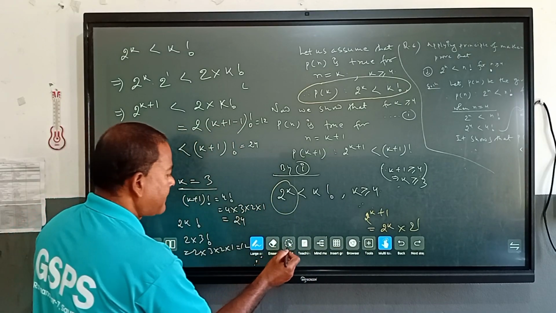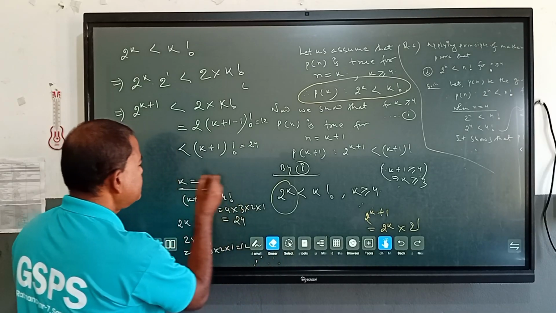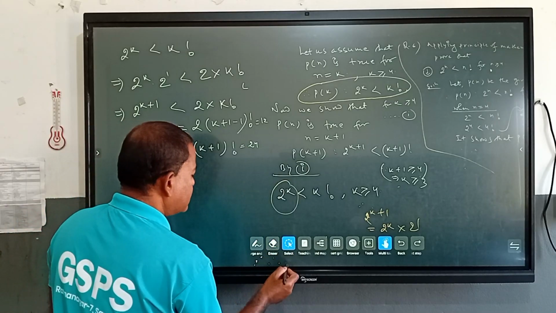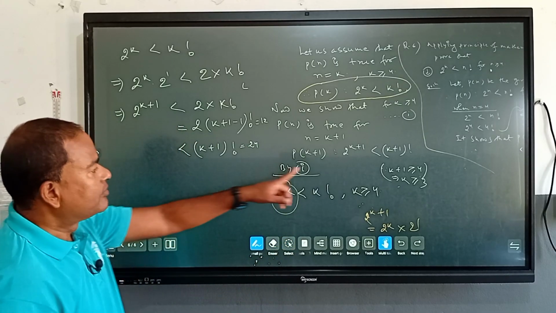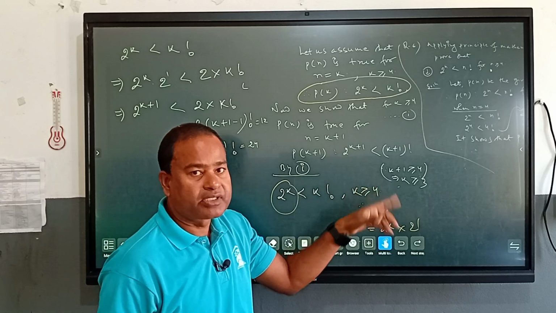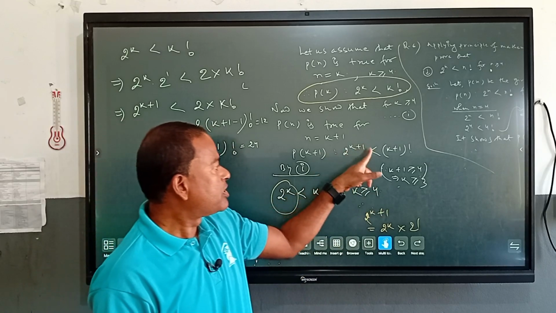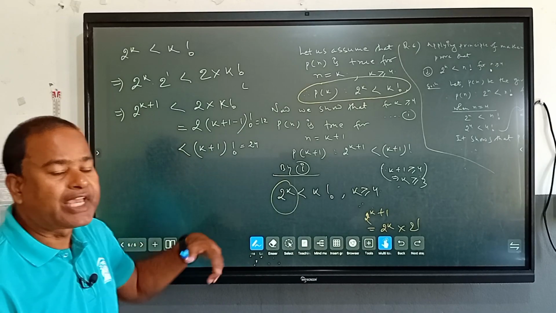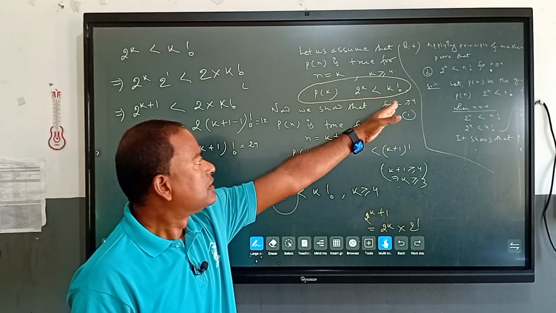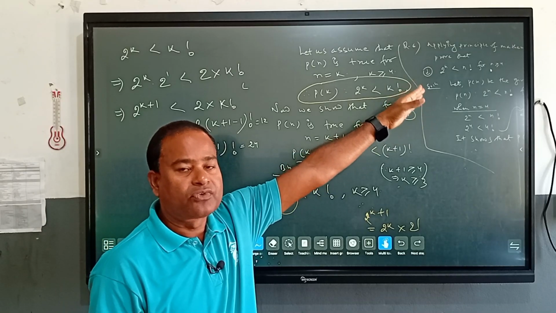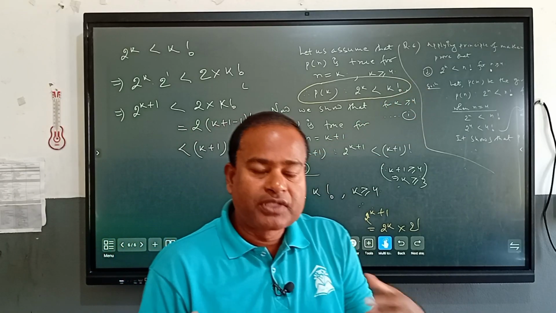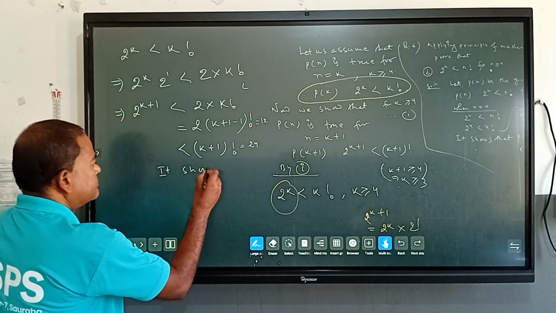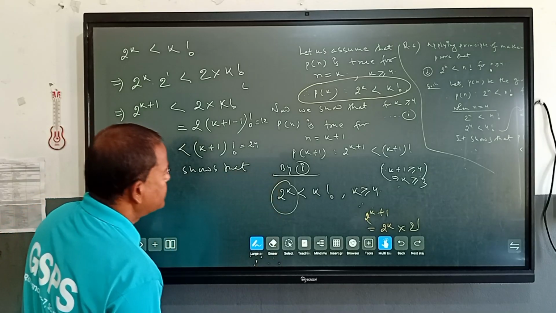So now we can say, dear students, that the given statement is true. So now we can say that P(k plus 1) is true, because exactly we have got the relation 2 power k plus 1 less than k plus 1 factorial when the value of k is greater than or equal to 4. So dear students, let's write down the conclusion now.